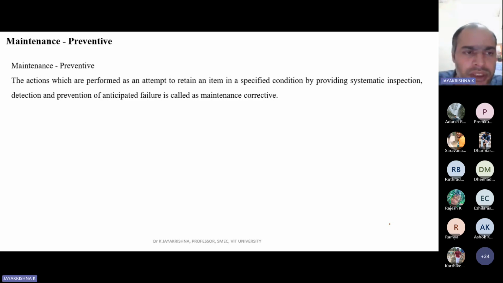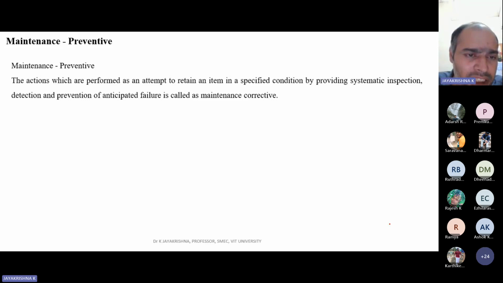So the actions performed in an attempt to retain an item in specified conditions, by providing systematic inspection, detection, and prevention of anticipated failure, are called preventive maintenance. Normally, you have a UPS battery in your home. Then and there you inspect, and if you detect that the level of the distilled water is low, you pour in distilled water and ensure the levels are the same in your battery.